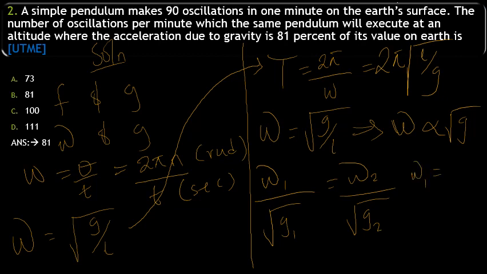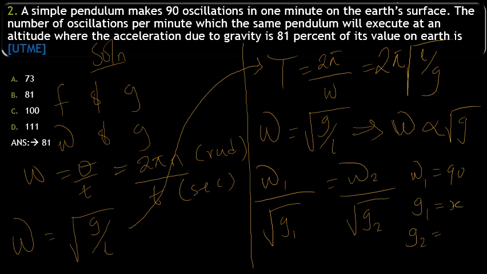Now omega 1 is 90 oscillations per minute. Now G1 equals X; use any variable of your choice.